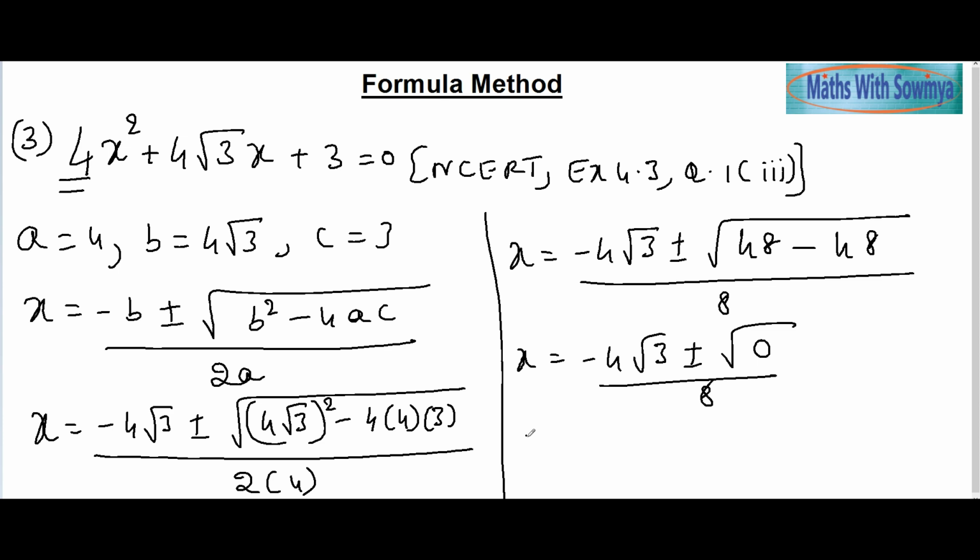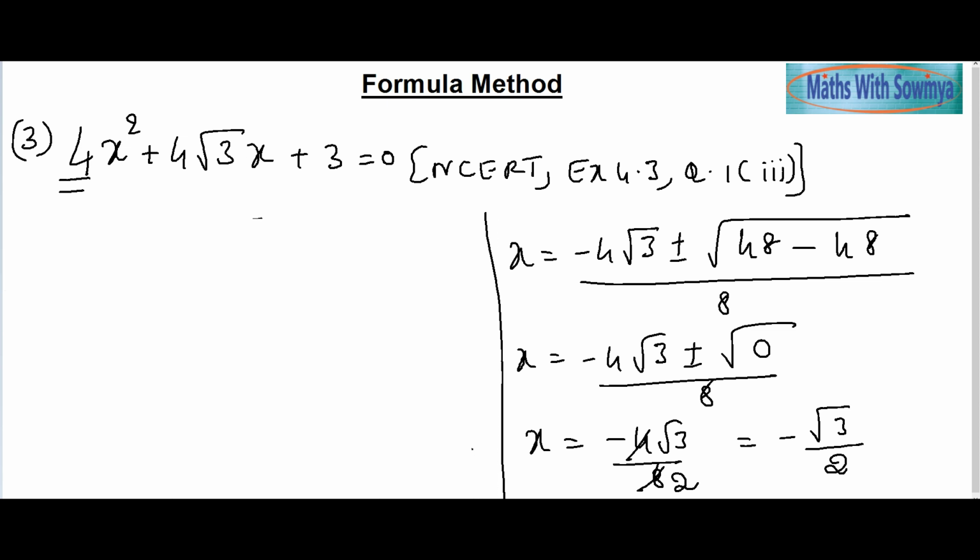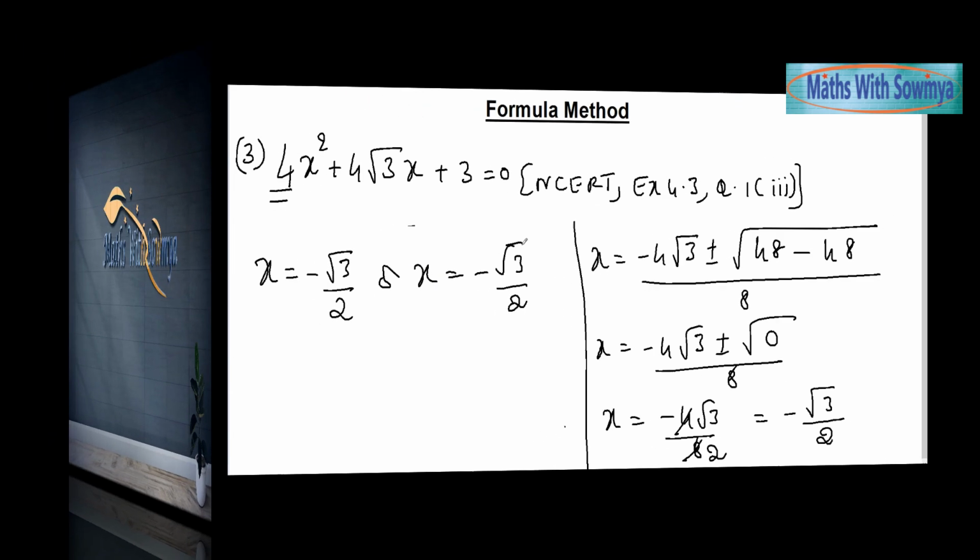So, ignore it. So, we get minus 4 root 3 by 8. This will give you 2, which is minus root 3 by 2 we are going to get, because it is a quadratic. You write the value twice. So, this is called, we are getting equal roots. So, x is minus root 3 by 2 or x is minus root 3 by 2.